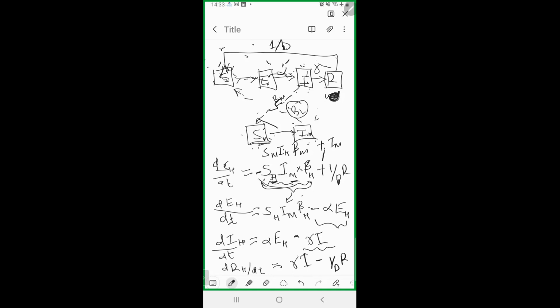Whatever is leaving is minus, whatever is entering is plus. And one thing you'll appreciate is that those who are leaving here will be plus here. Those who are leaving here will be plus here, because now they are leaving here going to the subsequent compartments. So that is the idea behind it all. Any questions?